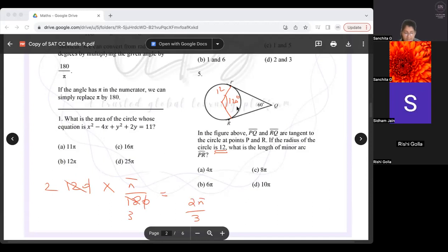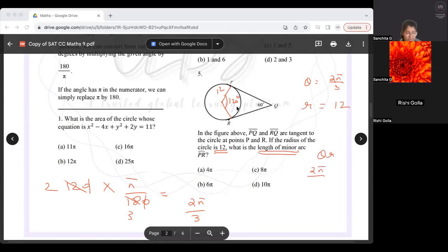My central angle is 2 pi by 3. So theta is 2 pi over 3, and my radius is 12. What is the arc? You just multiply it, theta times r. So you get 2 pi by 3 times 12. So you get 8 pi.